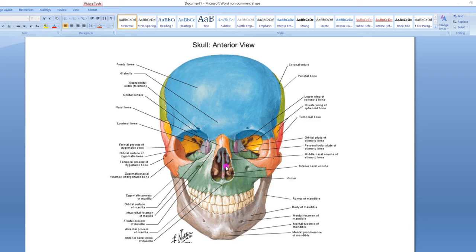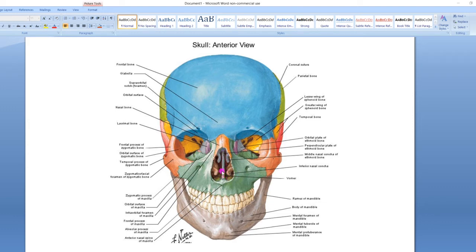All right? This nasal septum. If you notice there's a slightly different color at the bottom portion of the nasal septum, that bottom portion is our vomer. So on the list, it says the vomer has the nasal septum, and I'll get to the other part of the nasal septum in our next video, but the top portion is a different bone.